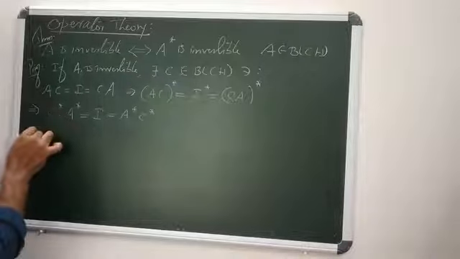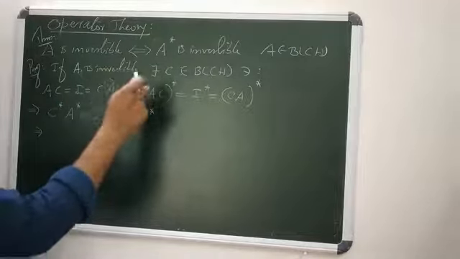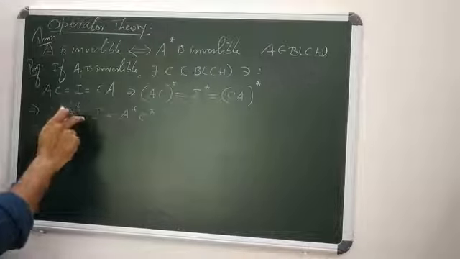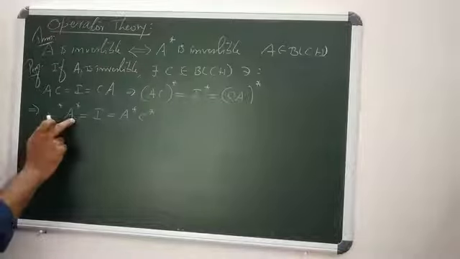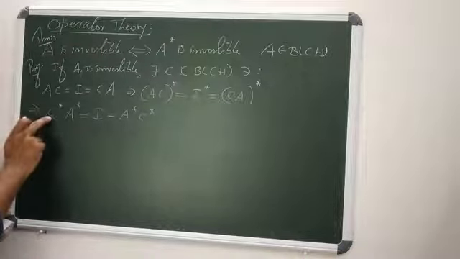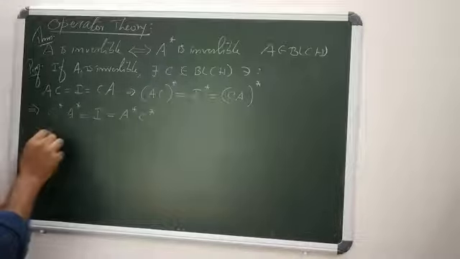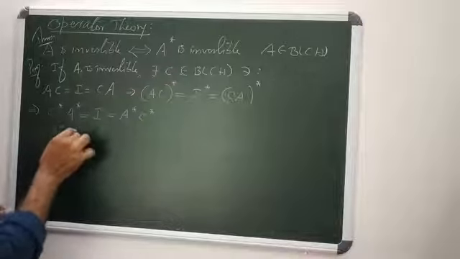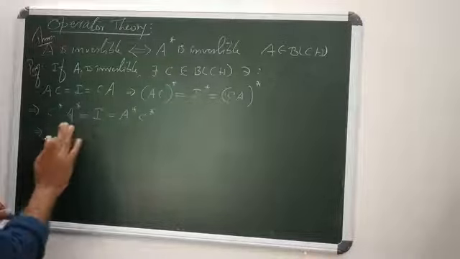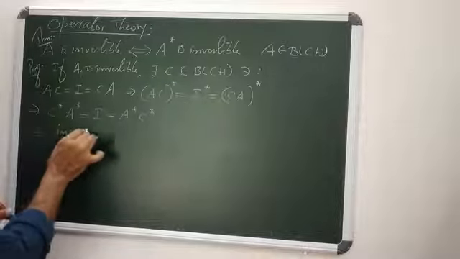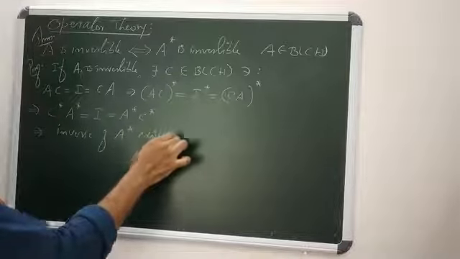This means that when A star falls in BLH, there exists some C star in BLH such that A star C star equals I equals C star A star. That implies the inverse of A star exists.